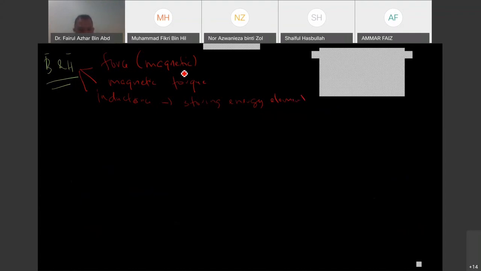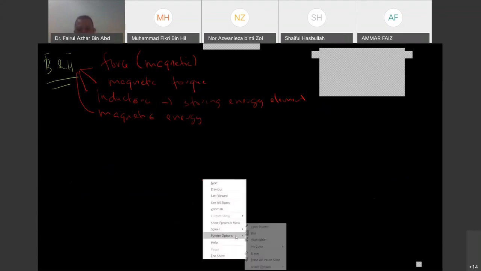And from that as well, we can find the magnetic energy. All right. Later on we will see the details of it. Similar to what we have in the electric field.